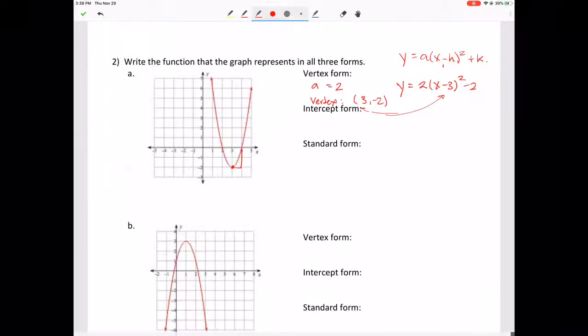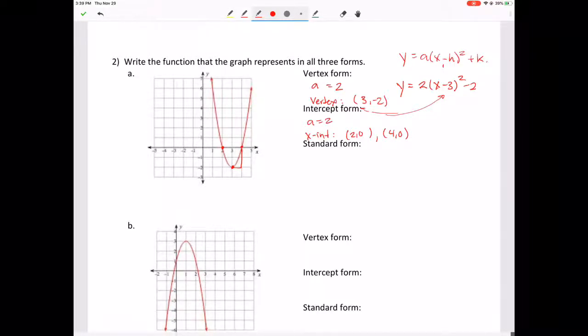And then intercept form, A equals 2 again. We need A equals 2. And we'll also need the x-intercepts. So x-intercepts, we look at the graph. We have 2, 0, and 4, 0.